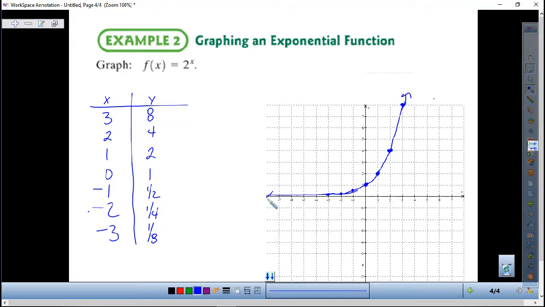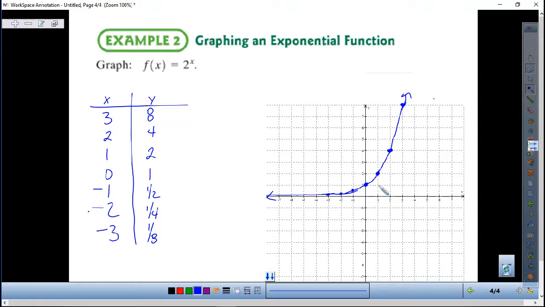Now, you may have heard about things that grow exponentially. This is where that comes from. Look at how fast this thing's growing. This thing's growing fast, and not only is it growing fast, but it's going to grow faster. If you look at the slope here versus the slope here versus the slope here, it's getting steeper.